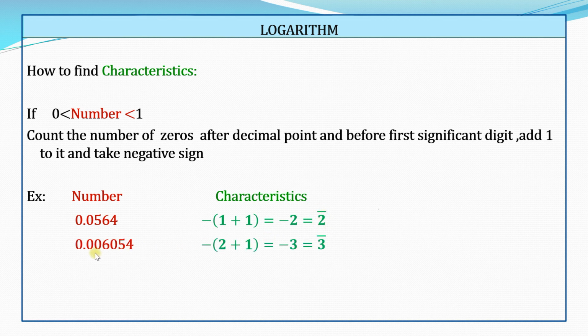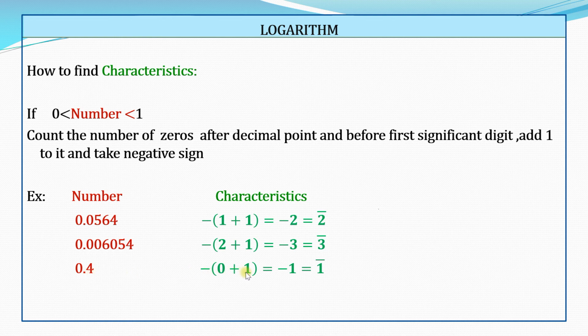In this number, we have 2 zeros after the decimal and before the first significant digit. Guys, you should not consider the 0 after 6. So 2 zeros, add 1 to it, take the negative sign, so minus 3, and you're going to write that as bar 3. In this example, you don't have any zeros after the decimal and before the first significant digit.